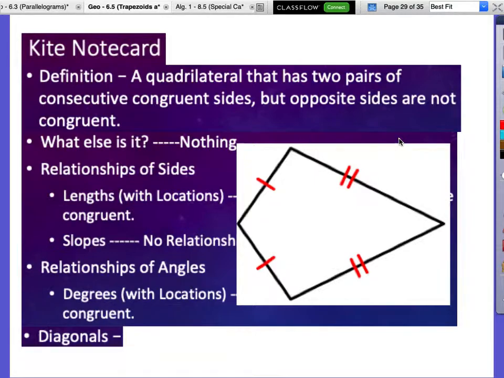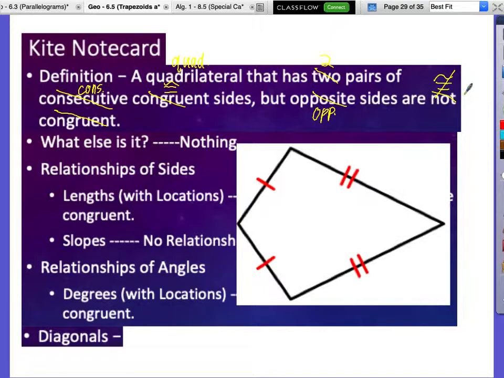How I shortened this down when I wrote it: a quad that has 2 pairs of CONS congruent sides, but OPP sides are not congruent. For not congruent, you can just do the congruent symbol with a slash through it, just like not equal. I barely fit it on one line, but I was still able to with all these shortened down.